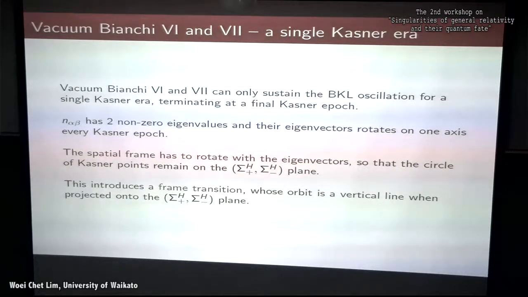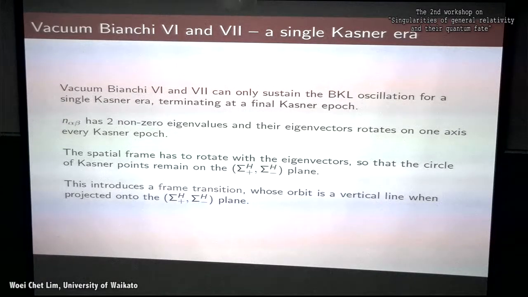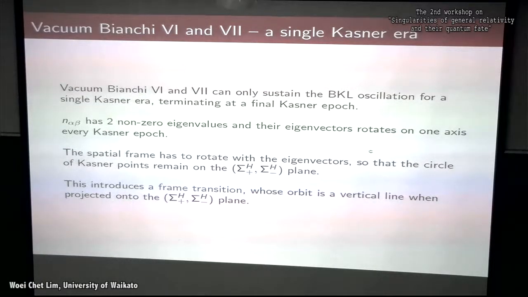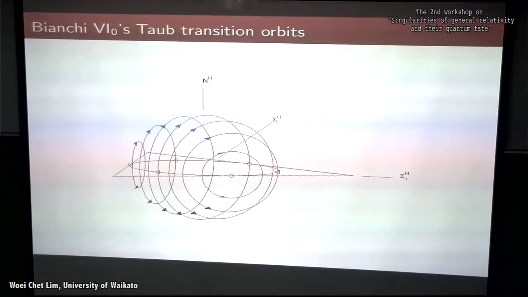For vacuum Bianchi VI and VII, these models can sustain only one single Kasner era because they have only two non-zero n eigenvalues, and they don't rotate. Well, they rotate on one axis. So this is actually the Taub or Bianchi II orbits.